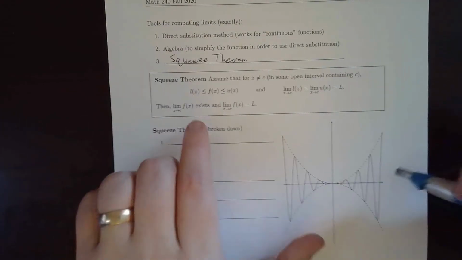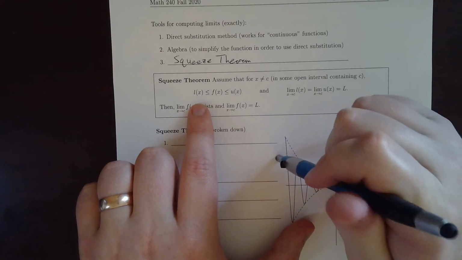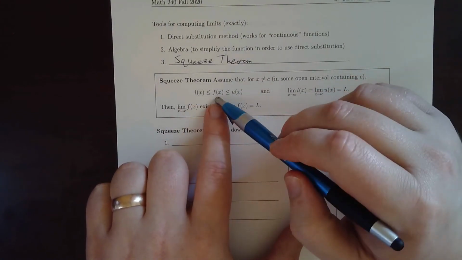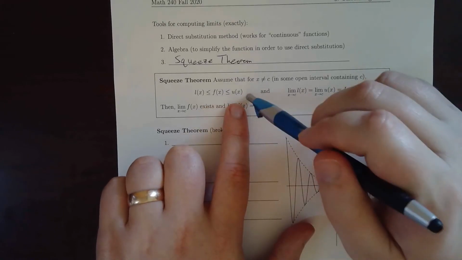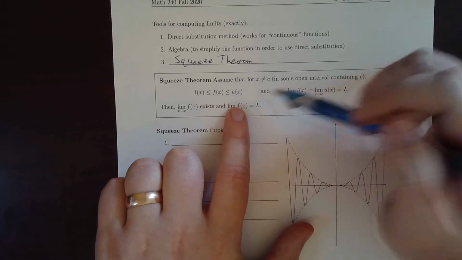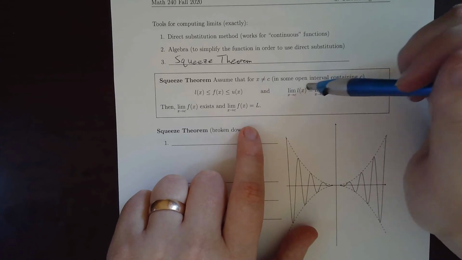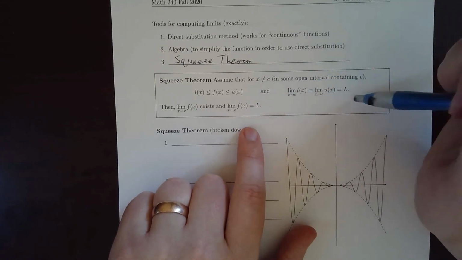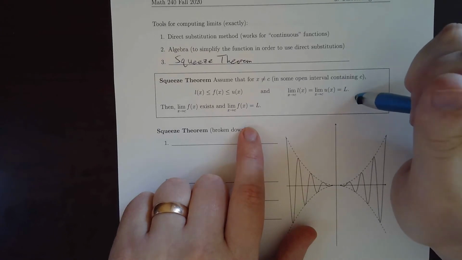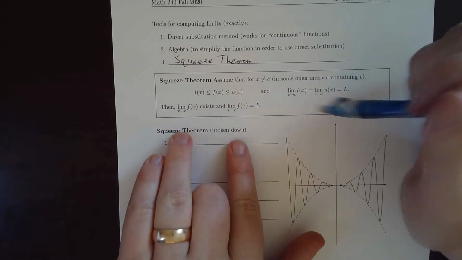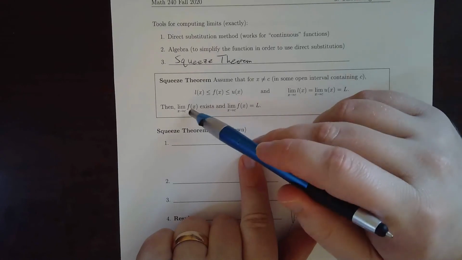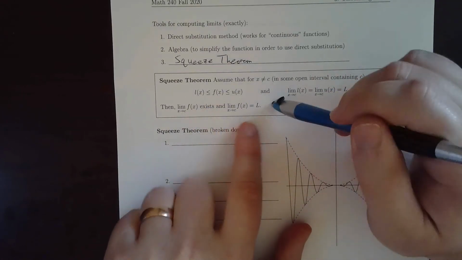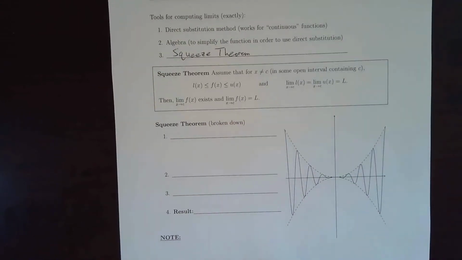So basically what we're saying is we've got some function and there is a function below it that's always below it or equal to it, and there's a function above it that's always above it or equal to it. And we know that the limit as x approaches c for both the lower and the upper functions are the same, and there's some limit L. Then what we're saying is that the limit as x approaches c of this middle function here exists, and it has to be the same as this L.